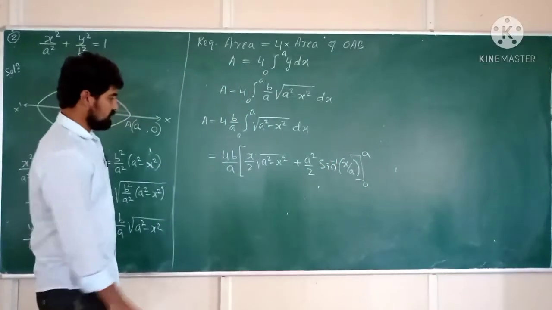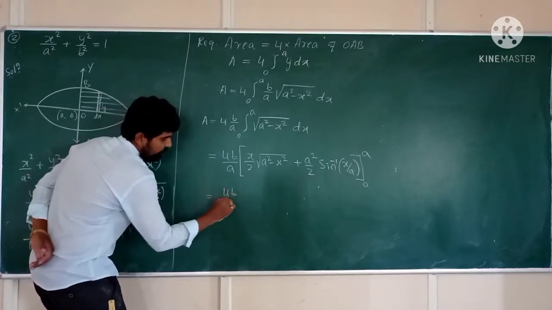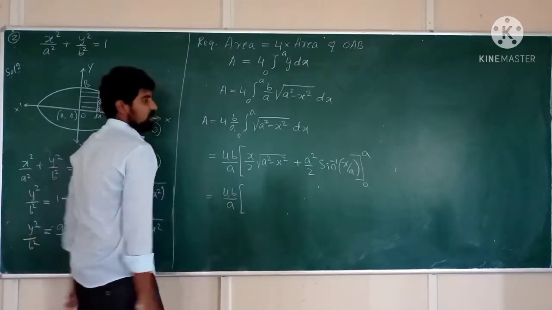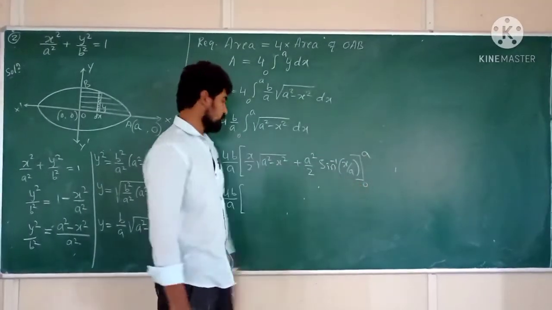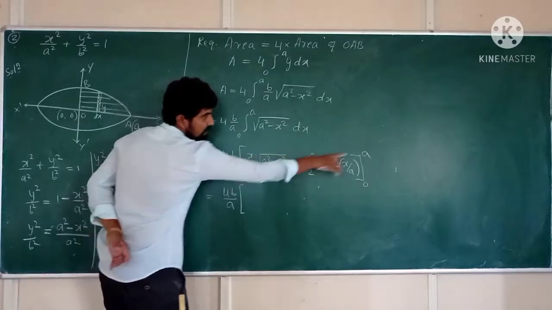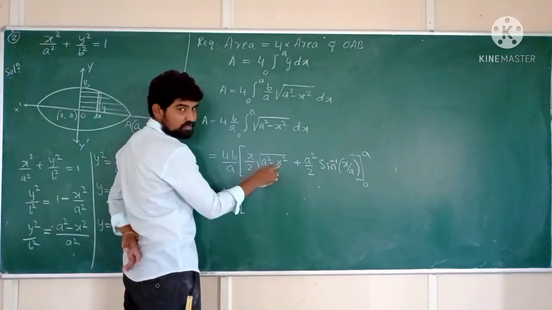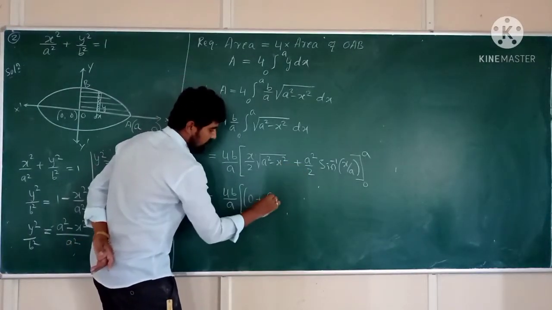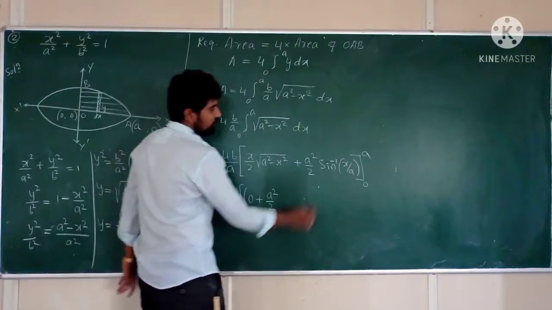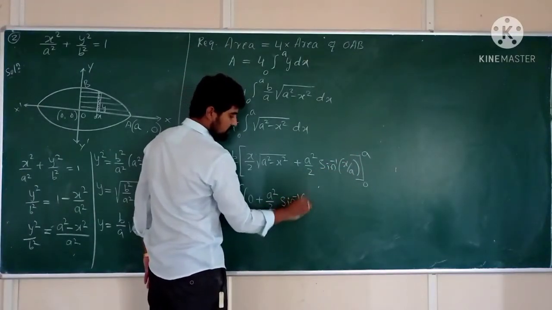I hope all of you understand. Which is equal to 4b by a. Now apply the upper limit minus the lower limit. The upper limit is a, the lower limit is 0. Upper limit: a by 2 into the square root of a squared minus a squared, which is 0, plus a squared by 2 into sin inverse of a by a, which is sin inverse 1.